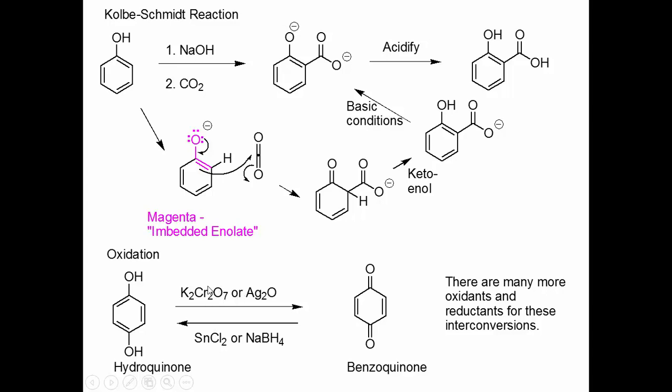But many of the oxidants we've seen in the past, like the chromate oxidation or the silver oxidation in the Tollens reaction, will turn the hydroquinone into the benzoquinone. And it's easy to turn the benzoquinone back into a hydroquinone with various reducing agents, sodium borohydride being a commonly used one.